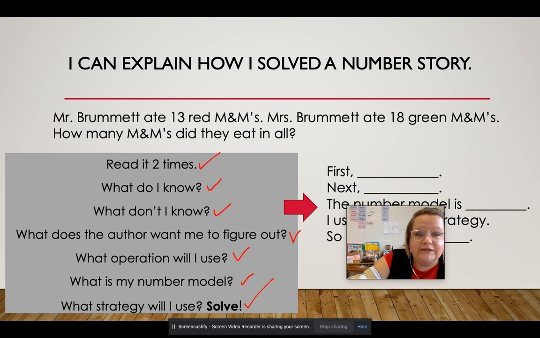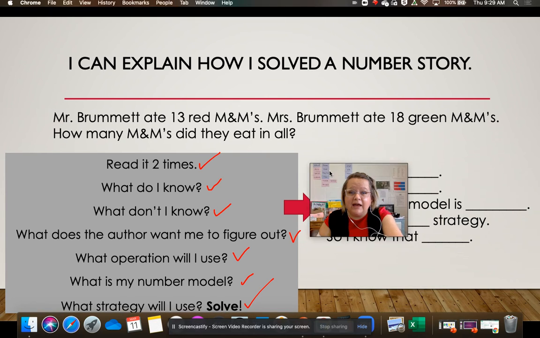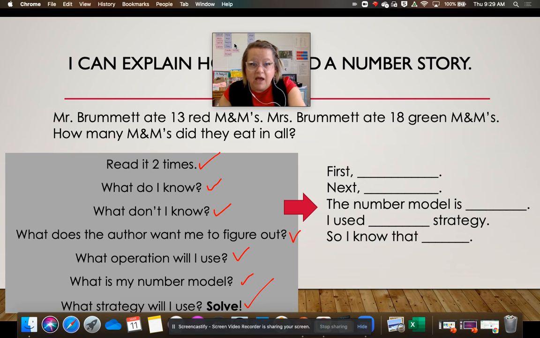So what you're going to do is we're working on telling how you solved a problem. So first, I knew that Mr. Brummett ate 13 red M&Ms and Mrs. Brummett ate 18 green M&Ms.